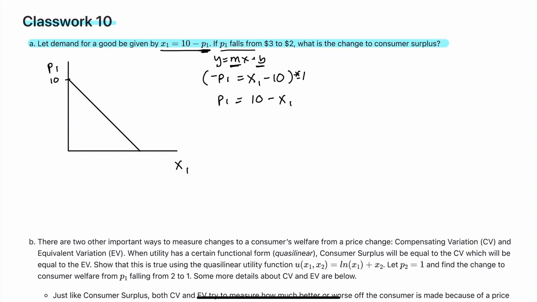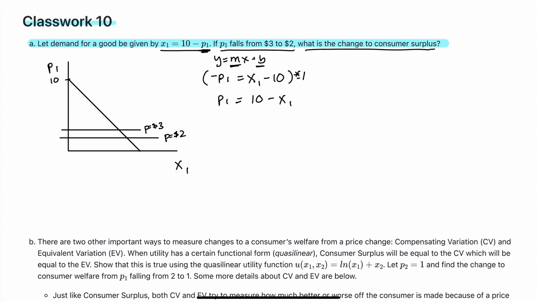The question asks if the price falls from $3 to $2, so here's the price at 3. So P goes from $3 to $2. This is P at $2. What is the change to consumer surplus?